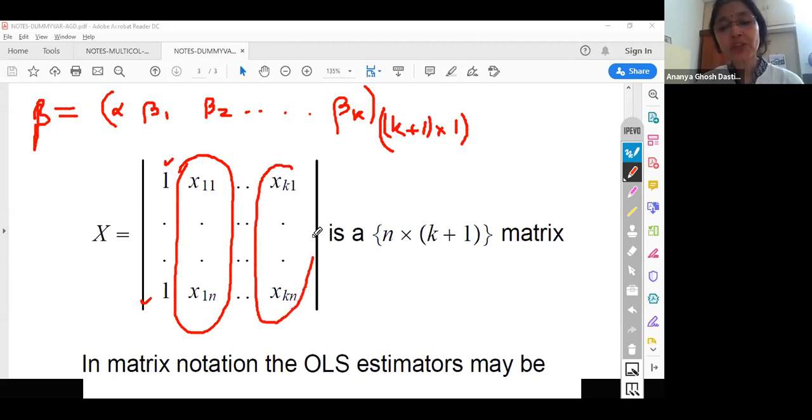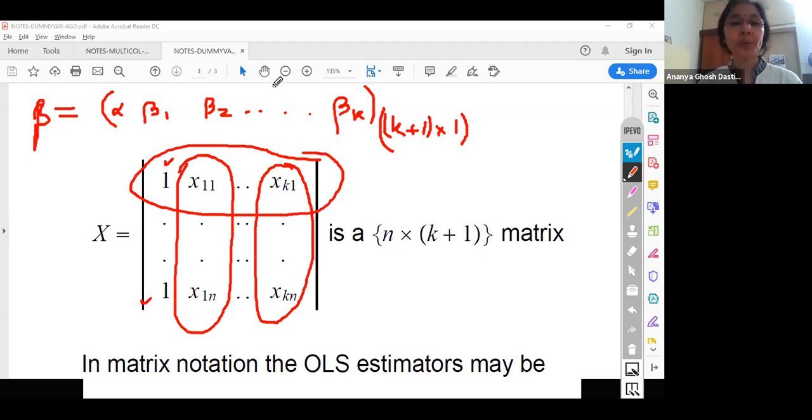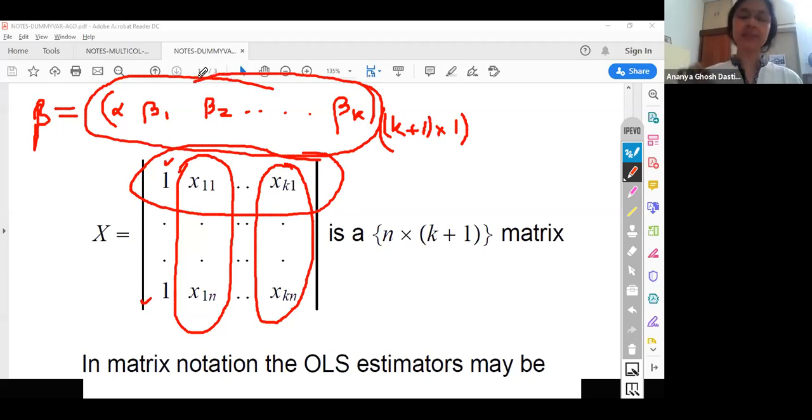The kth column holds all the observations on the kth variable. And essentially, by matrix multiplication, we have to multiply this row with this column. I think I'm just making a small mistake so far as the dimensions of the vectors are concerned.